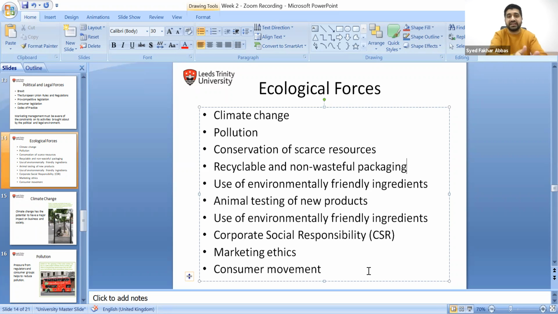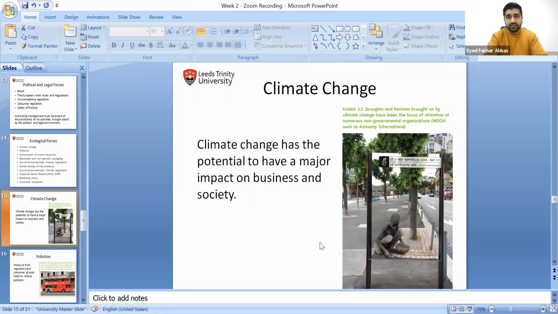So these are basically ecological forces. Those impact businesses directly.